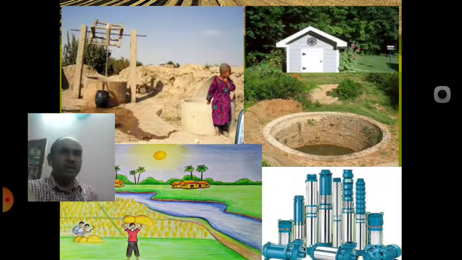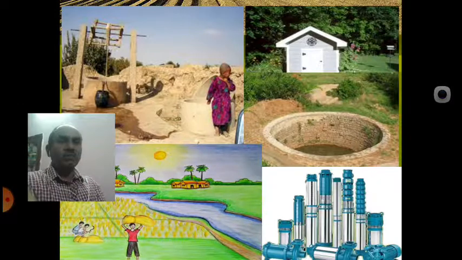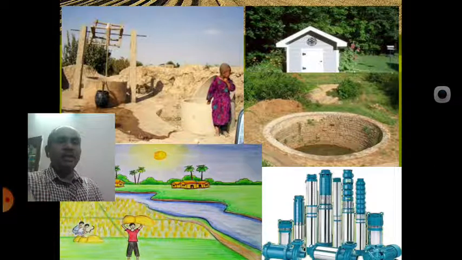Nowadays they are using very high capacity different types of motors and pump sets to drive the water from very deep in the earth. So these are the latest developments from normal domestic use, where they used some small items to take the water from the open well.